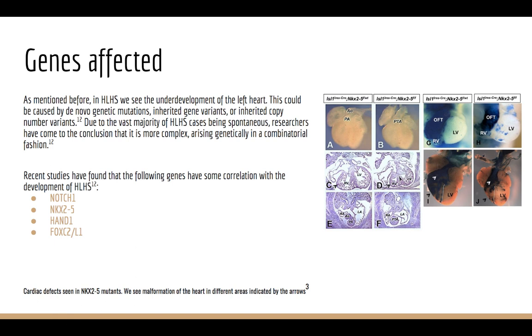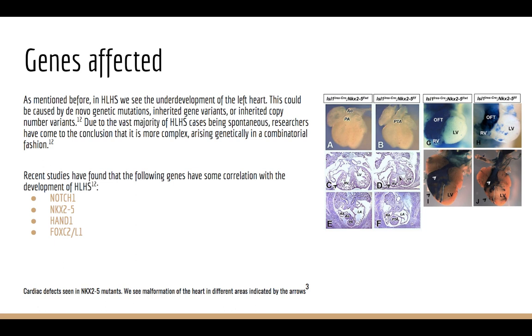Wnt signaling in turn regulates stem cell proliferation. Together, NKX2-5 and Wnt signaling aid in cardiac differentiation and proliferation. Therefore, mutations in NKX2-5, as seen in HLHS, affect cardiac tissue proliferation and growth. The image to the right shows cardiac defects in mouse hearts that have mutations in NKX2-5.